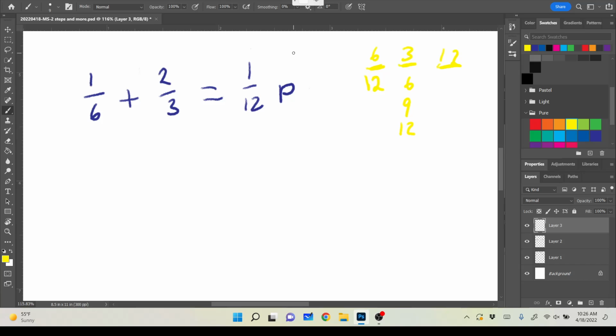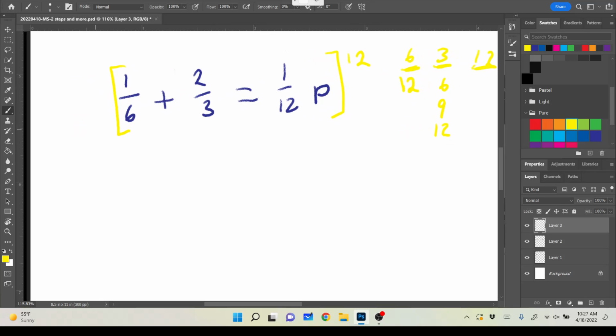So we're going to multiply all these times 12, right? Right. So now what are we going to do? So we're going to do 12 on this one, and 12 on this one, and 12 on that one.